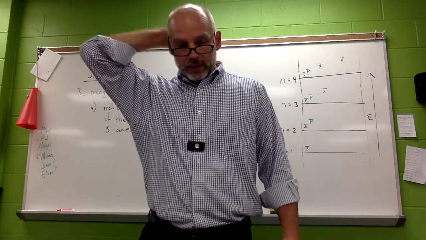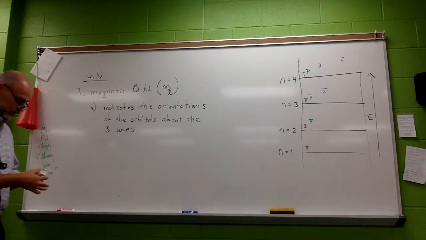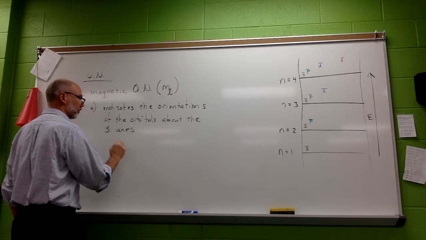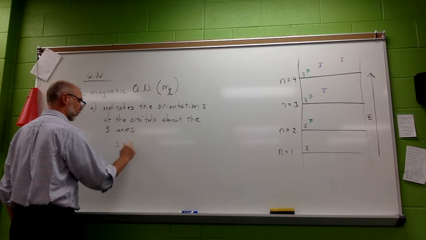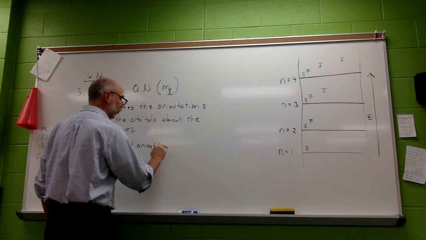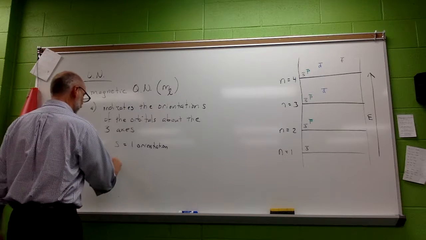Okay, anyway, so the magnetic quantum number indicates the orientation. S orbitals have one orientation. I mean, how many different ways can you orient a sphere about the 3 axes in space? 1. Okay, p orbital.